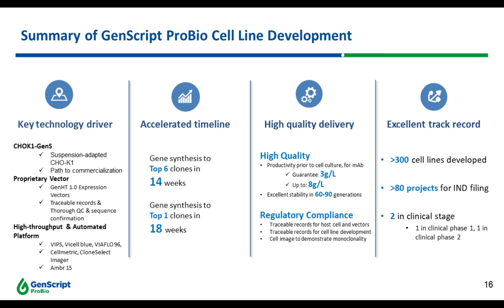We have an excellent track record. In our company, we have developed more than 300 cell lines and produced to support more than 80 projects for IND filing. And as far as we know, at least 2 are in the clinical stage.